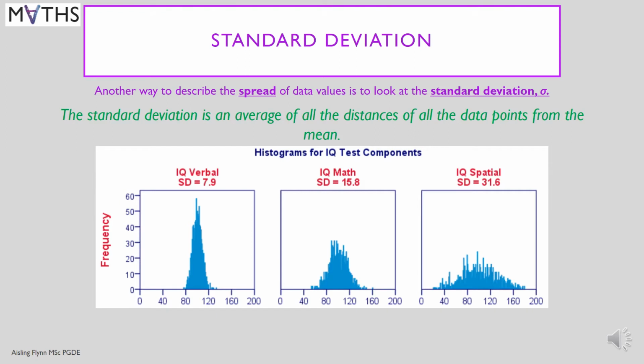Here's an example. Here we have 3 histograms for IQ test components. The first one is verbal IQ, and you'll see the standard deviation is quoted as 7.9. Most of the data is bunched quite closely together, between 80 and 120 mostly.